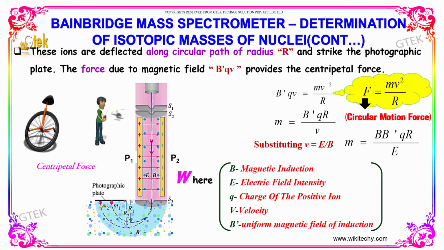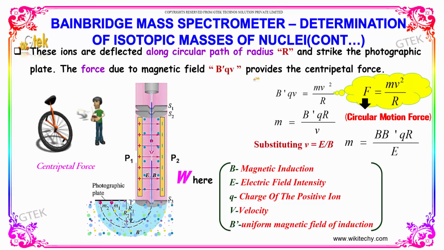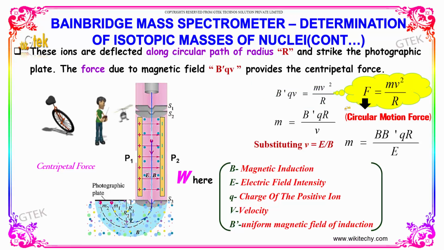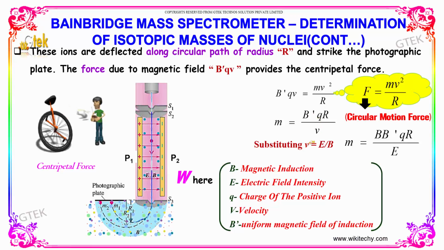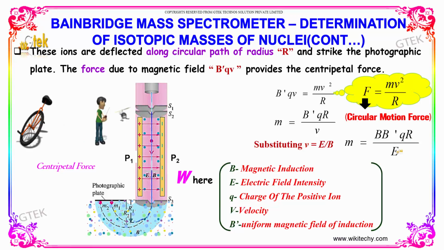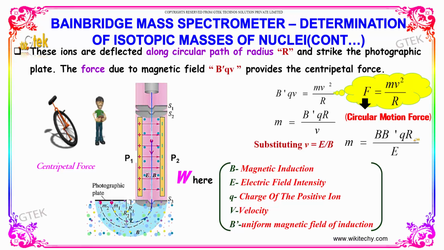So B dash QV is equal to mv squared by r. Cancelling V, m is equal to B dash Q r divided by V. Since V is equal to E divided by B, m is equal to B B dash Q r divided by E, where B is the magnetic induction, B dash is the uniform magnetic field of induction in the bottom chamber, E is the electric field intensity, Q is the charge, and r is the radius.